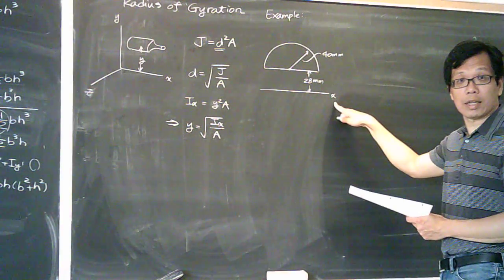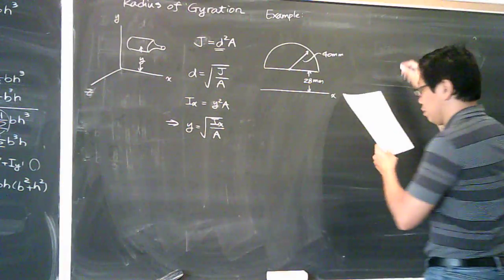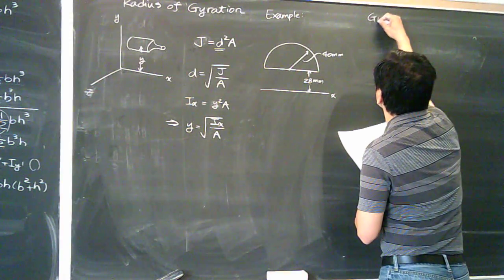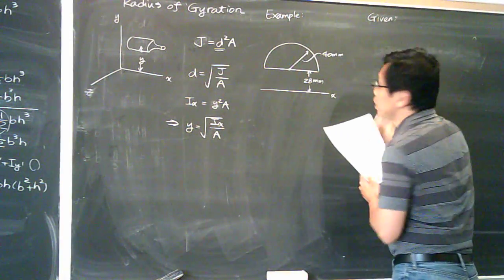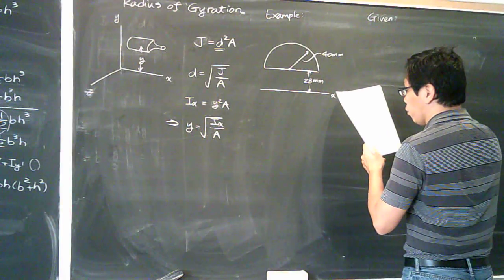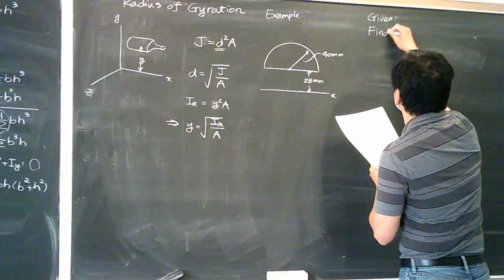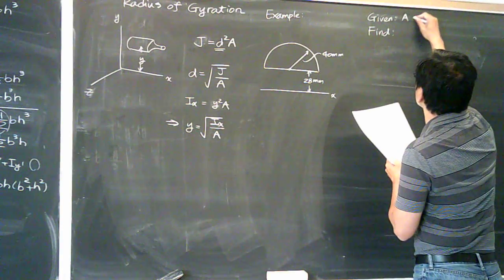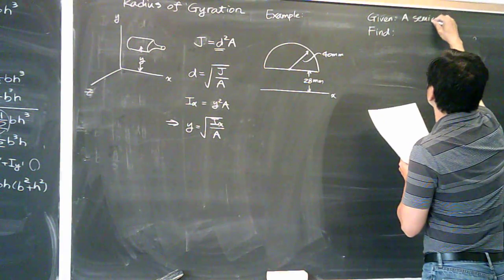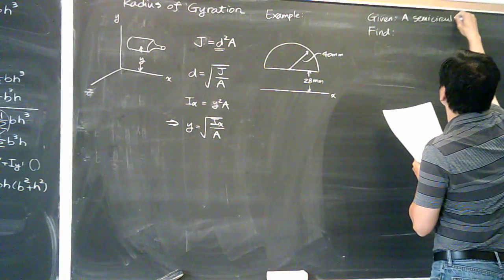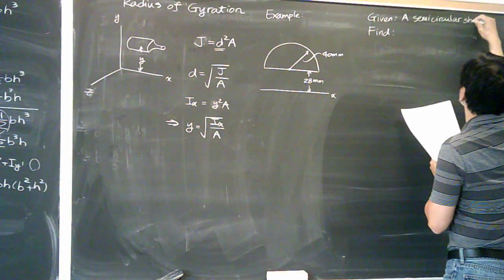So this is the axis that I'm interested in. Again, just like what we did in most of the problems, we need to define what is given and what we need to find. We are given a semicircular shape.